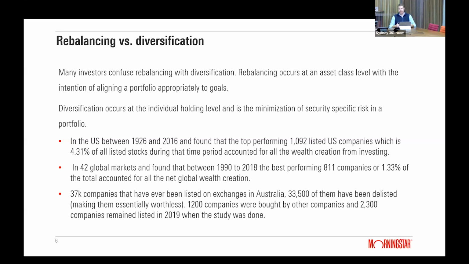So very simply, if I put my entire portfolio into CBA, for example, and something very specific happens at CBA, not something that's a wider market problem, and this does happen all the time where individual companies blow up, I want to make sure that I'm appropriately diversified away from that risk. And basically, as you add more holdings to your portfolio, you're reducing that security-specific risk.